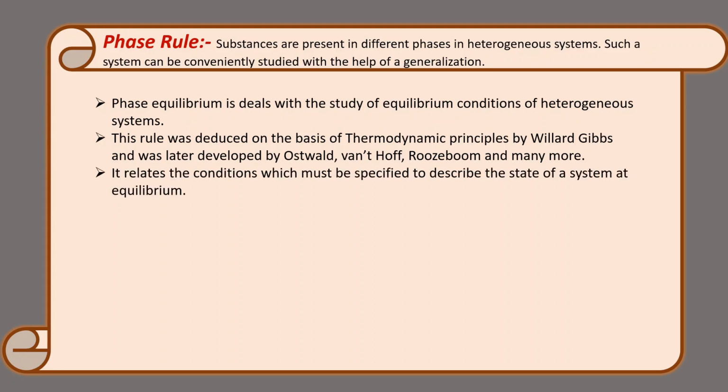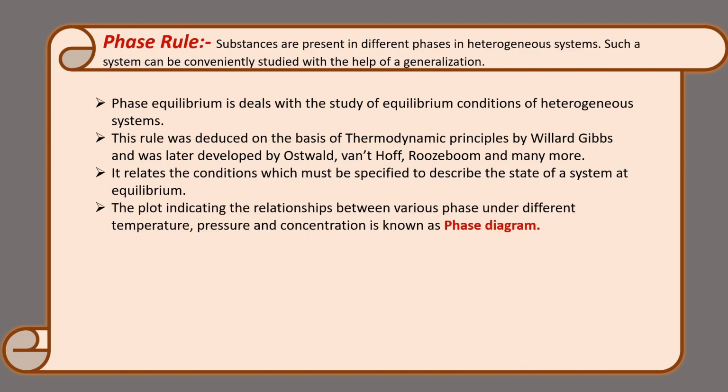It relates the conditions which must be specified to describe the state of a system at equilibrium. Also in the phase rule, whatever variable conditions are present, their relationships are important. The plot indicating the relationships between various phases under different temperature, pressure and concentration is known as a phase diagram.